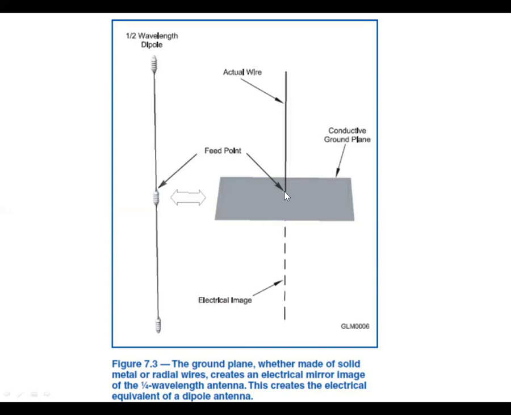You can have radials, which are multiple wires of different lengths going out from that feed point on the other side of the coax cable coming in. And so this is the driven element. Then you can have the radials.